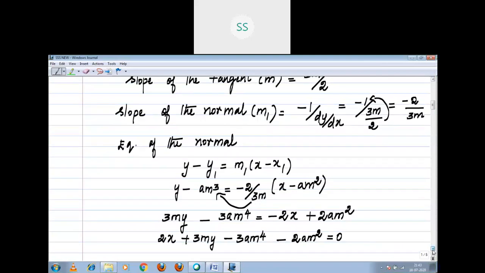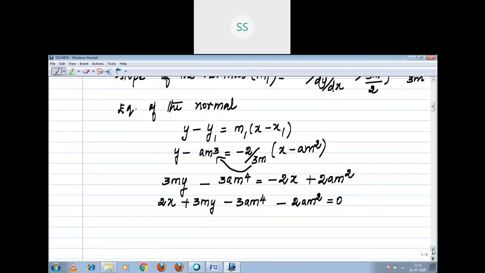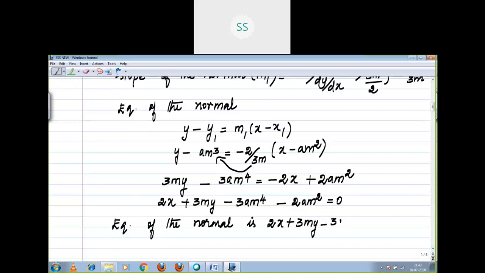Now you see, the equation of the normal is 2x + 3my − 3am⁴ − 2am² = 0, the required equation.